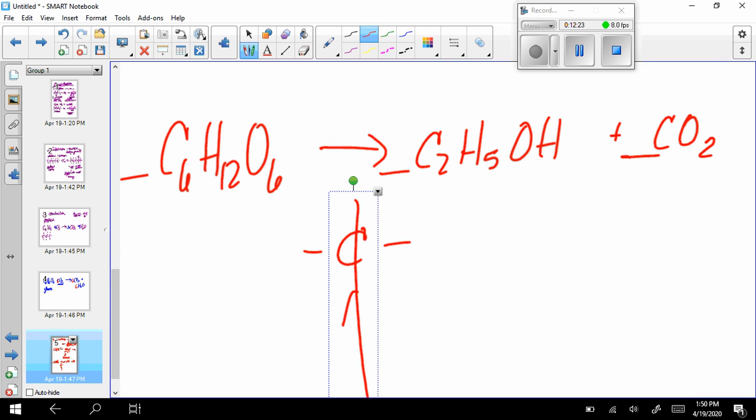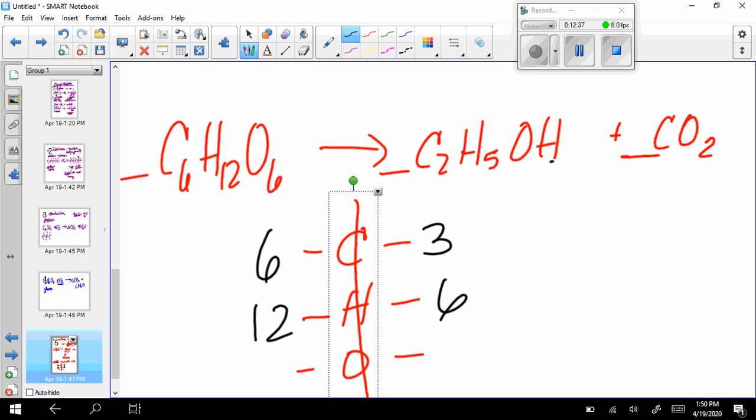So carbons before and after, hydrogens before and after, oxygens before and after. I have 6 carbons before and 3 after. Hydrogens, I have 12 before, and here I have 5, 6 after. And oxygens, I have 6 before, and I have 1, 2, 3 after. If I want to double this, the easiest way is to double each of these.